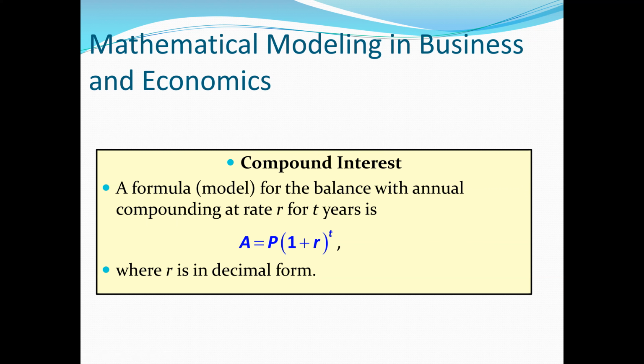So that's the difference between simple interest and compound interest. With compound interest, the interest will be added every year into your principal amount, and you get a new interest on the whole amount. With simple interest, every year the interest will be given to you. The interest is not going to be added into the principal.